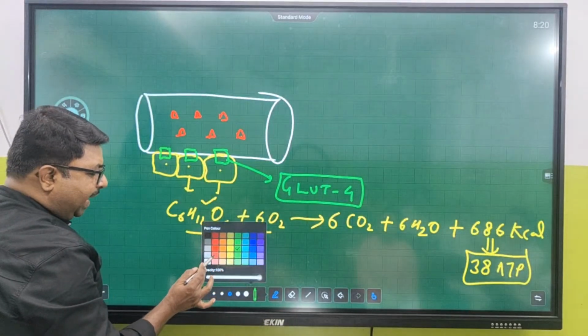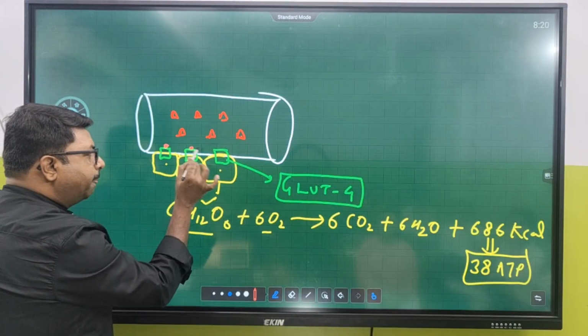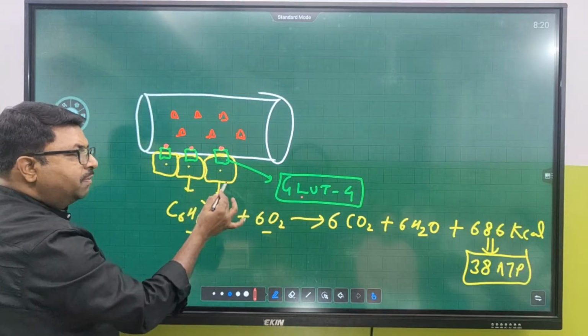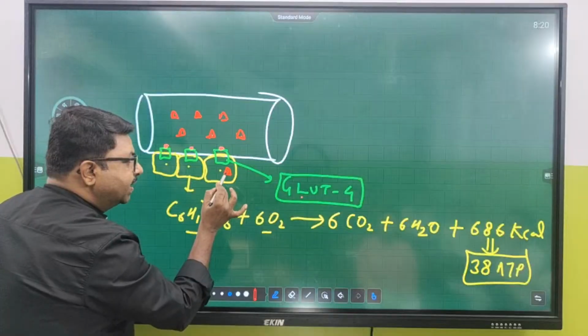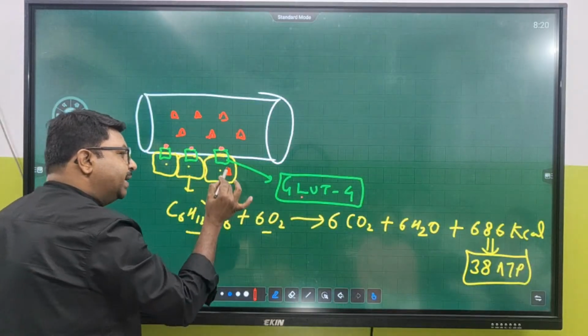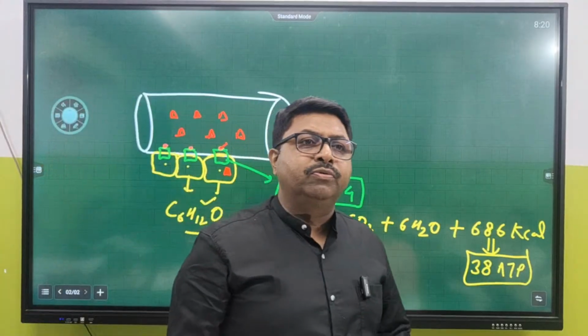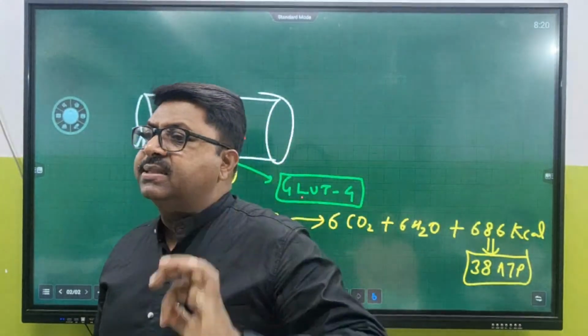But for that entry, the presence of insulin is going to open up the GLUT4 so that glucose can get inside the cell. So glucose can only get inside the cell if insulin is present, because insulin activates GLUT4 receptors so that glucose can enter the cells.